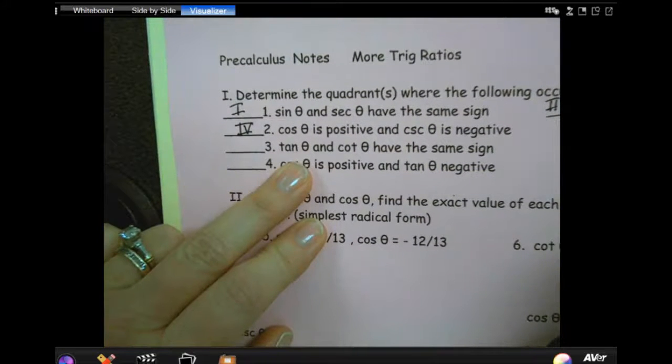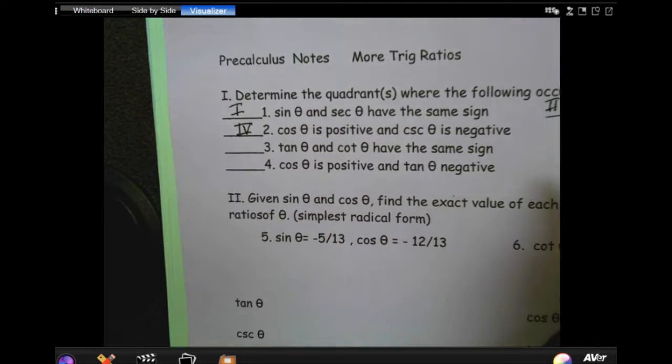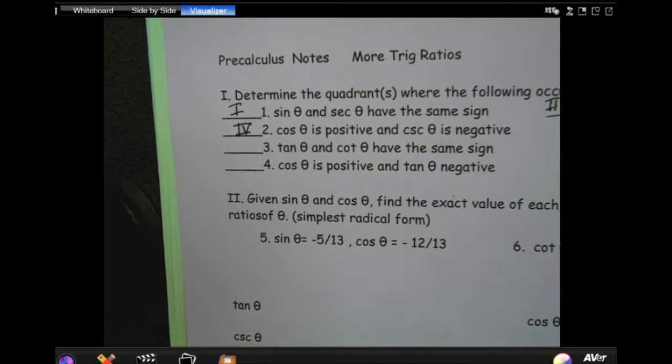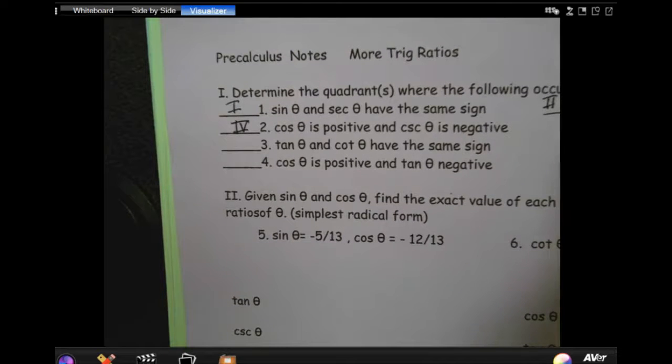Okay, tangent and cotangent. So I want to know where they have the same sign. Tangent and cotangent, that's y over x and x over y, right? So where are those going to have the same sign? All right, so in the first, they're both positive, right?